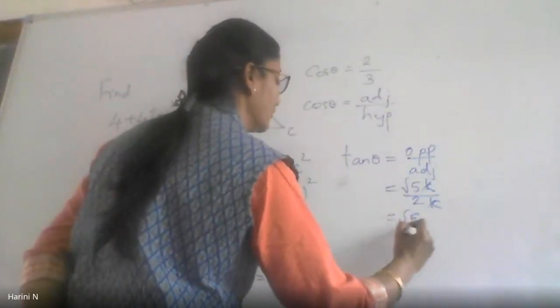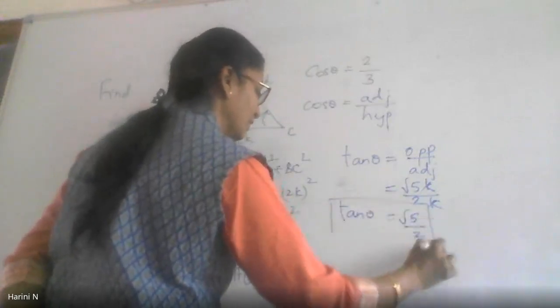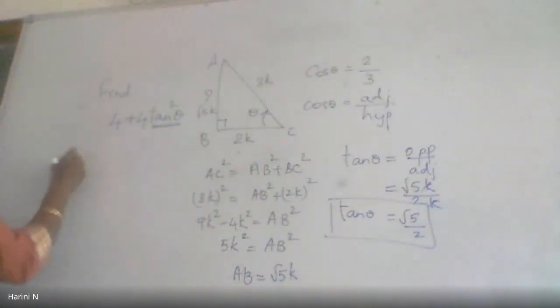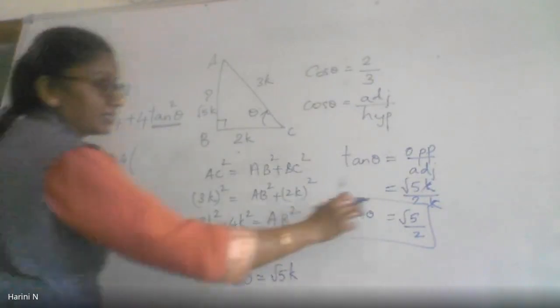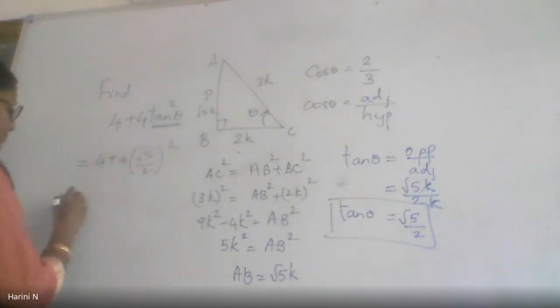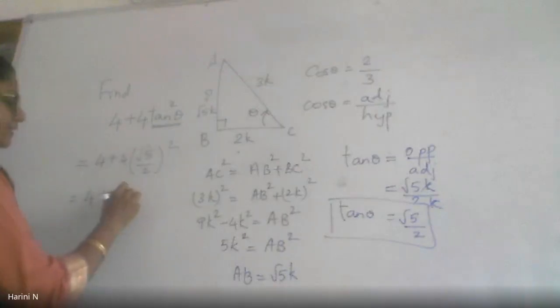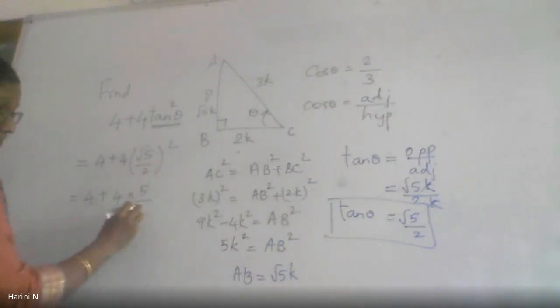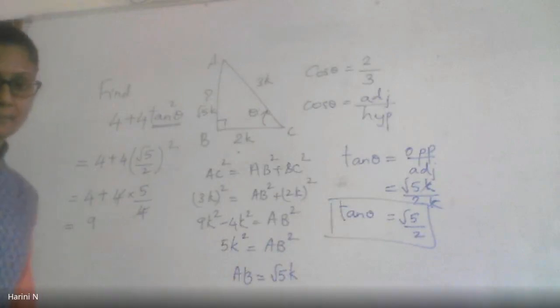So my tan theta is root 5 by 2. Now I substitute this to get 4 plus 4 times root 5 by 2 the whole square. That simplifies to 4 plus 4 into 5 by 4, which is 4 plus 5, 9. So 4 plus 4 tan square theta should be equal to 9.